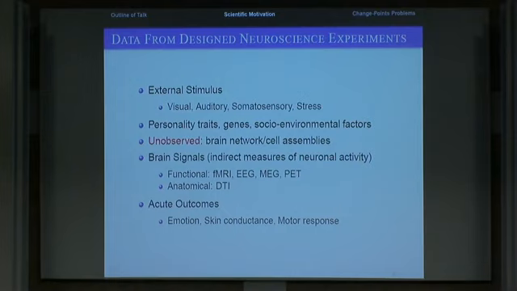The ones on top are data that evolve over time within an experiment. But with anatomical, it's not very likely that the brain structure will change over a very small period of time. If a person, let's say, has Alzheimer's, then you see anatomical changes, but these happen over extended periods of time. And they also have acute outcomes.